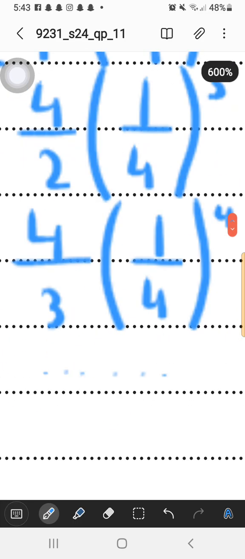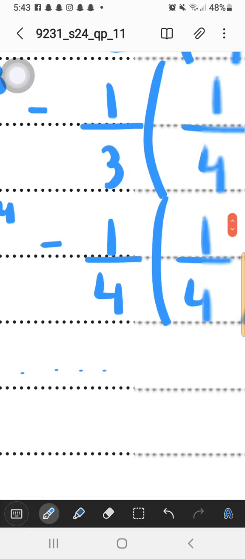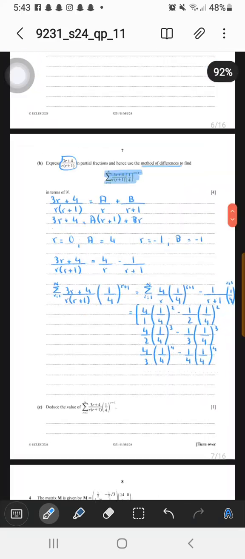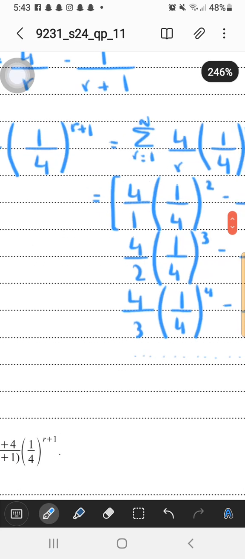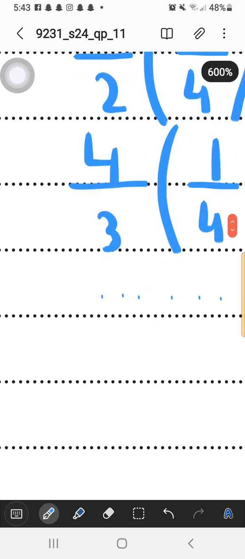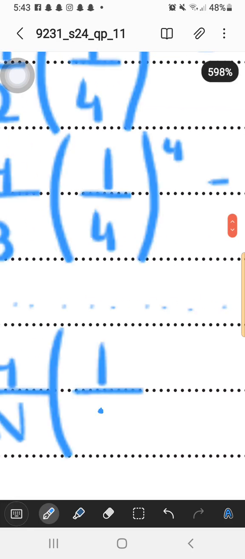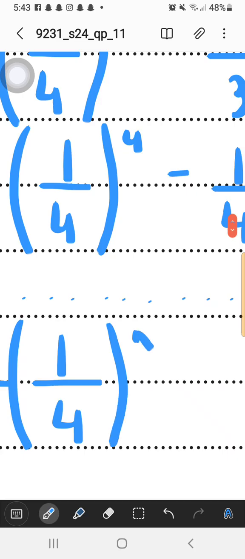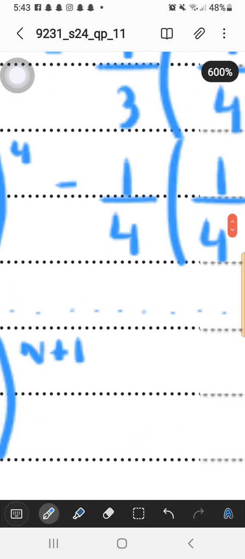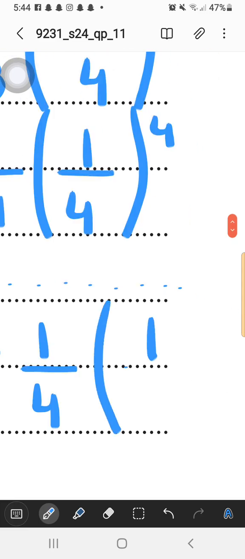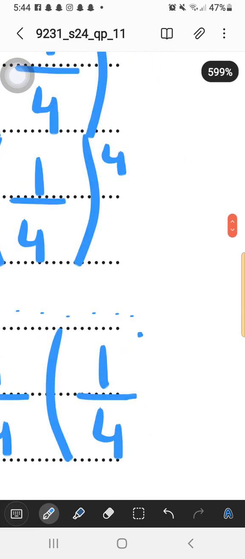Okay, so now in terms of n it will be 4 upon capital N, 1 upon 4 with the power n plus 1, minus 1 upon 4, 1 upon 4 with the power n plus 1.